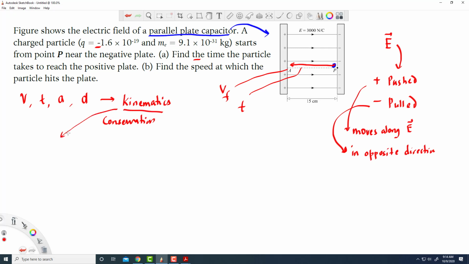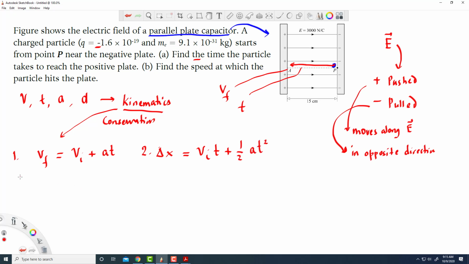If you guys remember, there are 3 formulas in kinematics to deal with this kind of thing. The first formula is, if we want to find final velocity, we can use this formula, V final equals Vi plus At. That's the first formula. Second formula, this is just the review from your physics 1, delta x, which is the distance, is equal to Vi t plus 1/2 At squared.